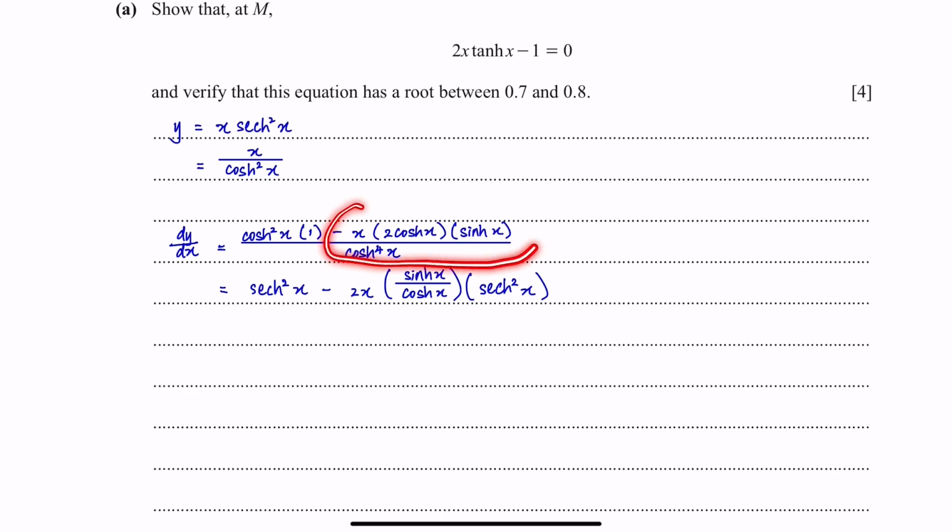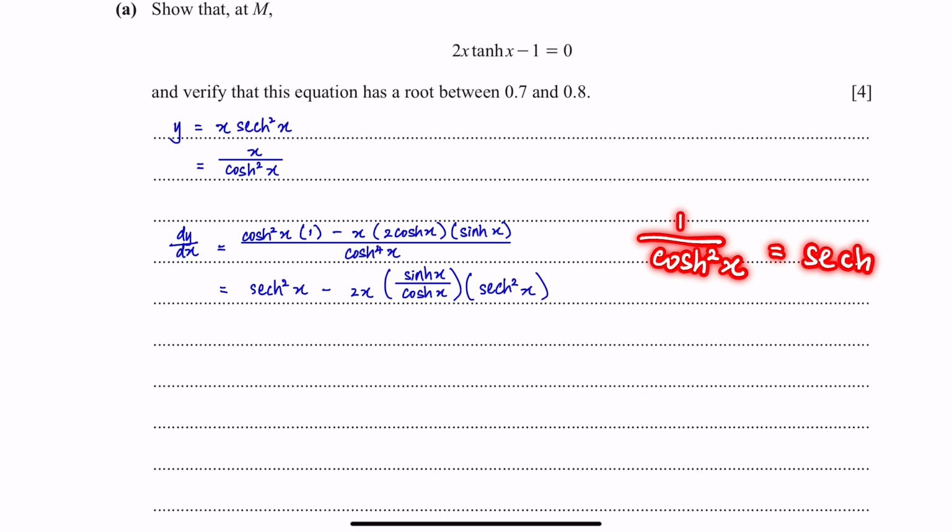Because for this term, we end up having 2x sine x over cos to the power of 3. Yes. And 1 over cos squared is equal to sec squared. So this is how I got this.